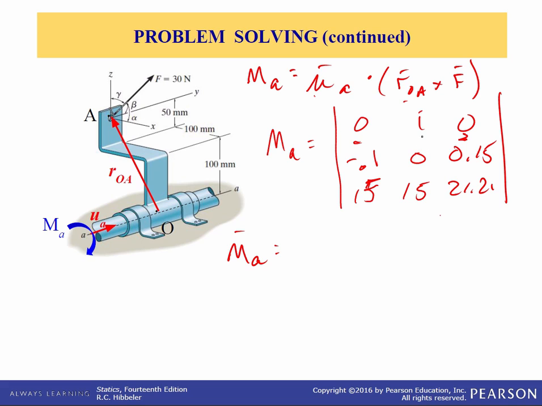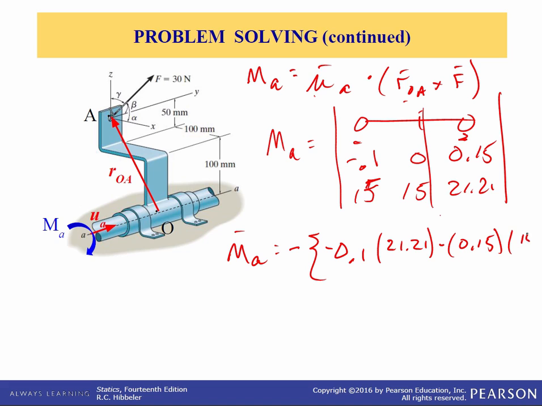But remember, in the j direction, you have to put a minus sign. So that minus sign goes here, and that's times minus 0.1 times 21.21 minus 0.15 times 15. And when you do that, it comes out to be 4.37 Newton meters.